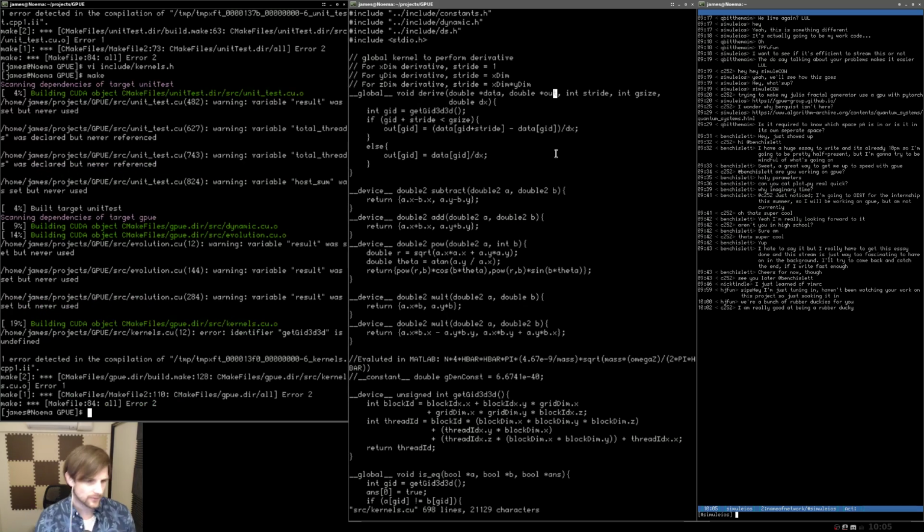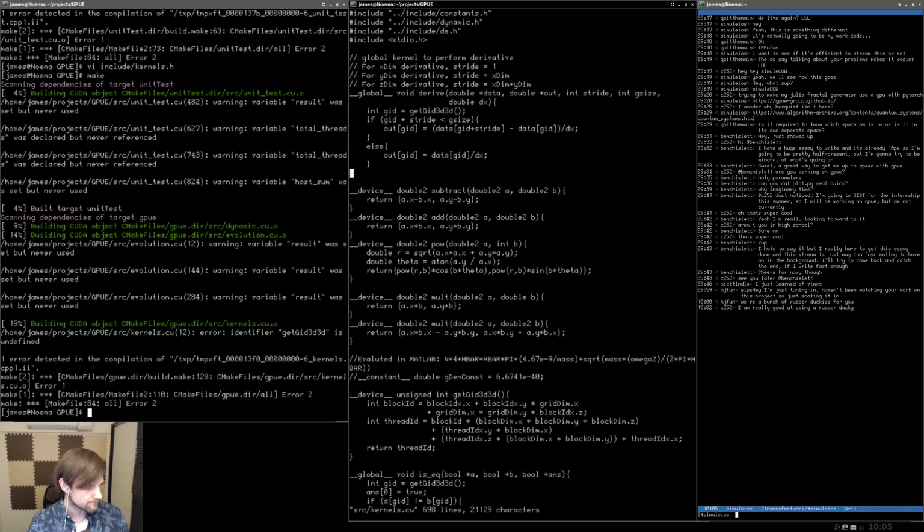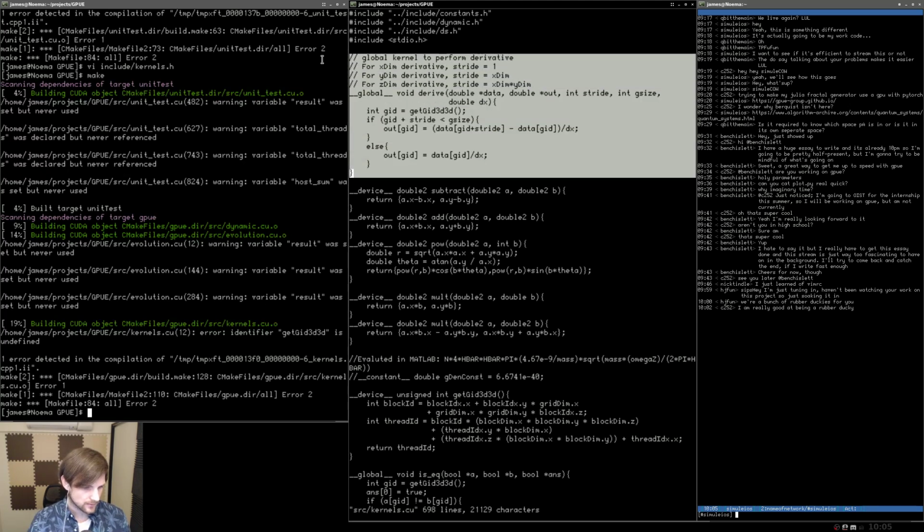Get GID 3D. What did I misspell here? Get GID 3D. What? Oh, is this because I have it defined? Yeah, maybe I should define it further down. Okay, let's define this underneath that. So let's do 1, 2, 3, 4, 5, 6, 7, 8, 9, 10, 11, 12, 13, 14.